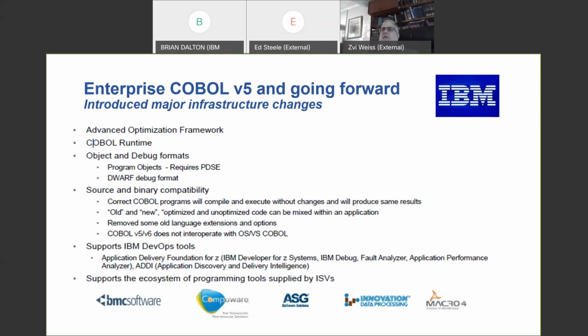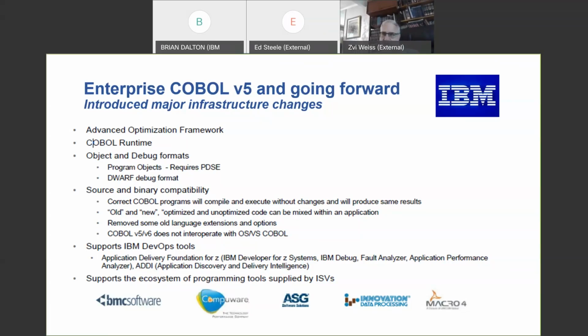but at the same time, we maintain the source compatibility so that programs that compiled under COBOL 4 will compile under COBOL 5 and 6, okay? And we can call COBOL version 4 and COBOL version 3 programs from COBOL 6, okay? We have good interoperability, and we can also take advantage of DevOps.